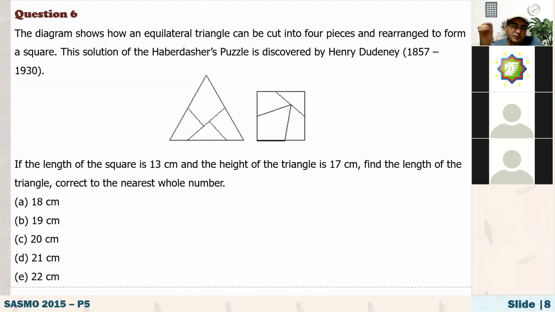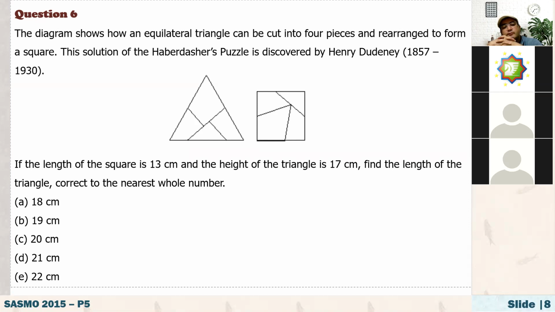All right. Nargis, read the question. Okay. The diagram shows how an equilateral triangle can be cut into 4 pieces and rearranged to form a square.